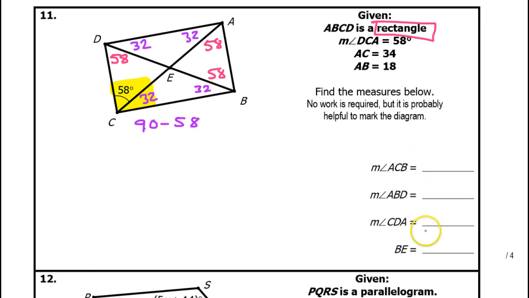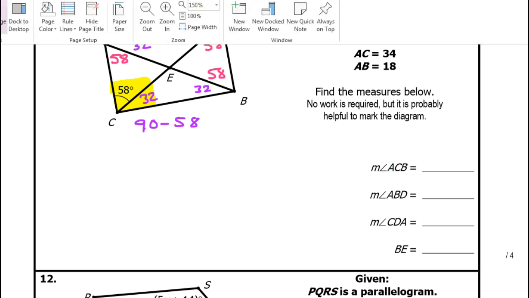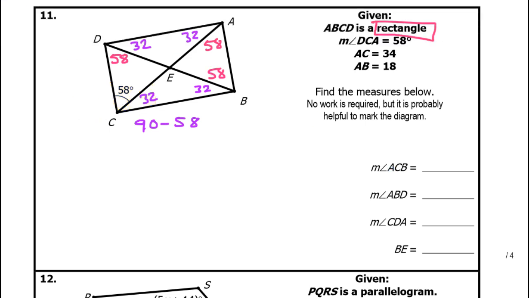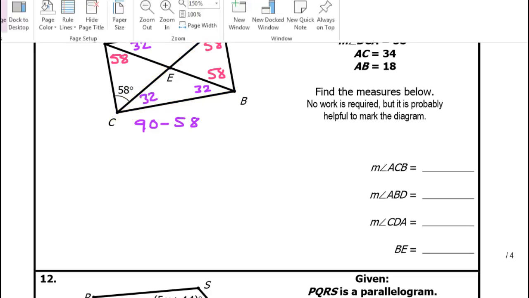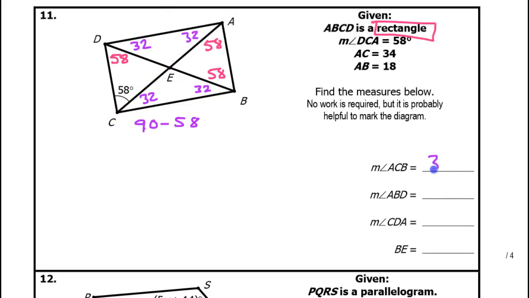So we should now be able to answer any question they ask us about angles. So let's see, what is the measure of angle ACB? Let me get ready by erasing that yellow. Okay, angle ACB is this angle right here, from A to C to B. Well, that is the 32 that's sitting right there in the corner. All right, what about ABD?